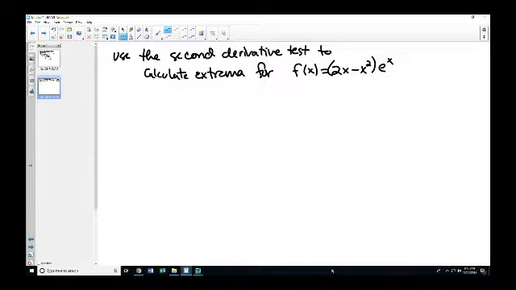Okay, so for the second derivative test, the first step is to calculate the derivative. So f prime of x is? What rule are we going to use? How are these connected? That is a product rule.